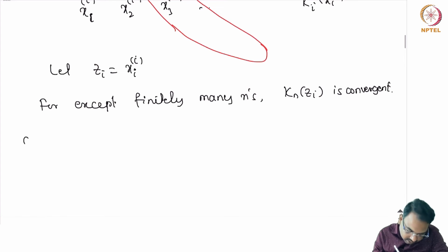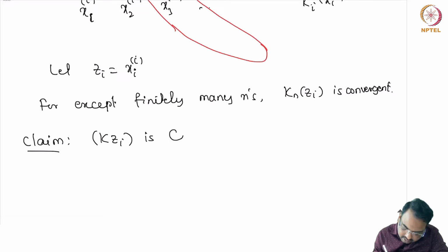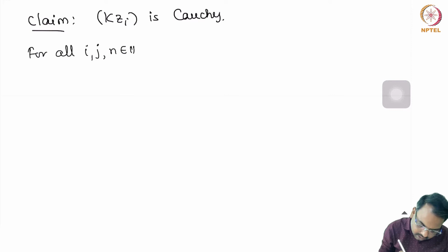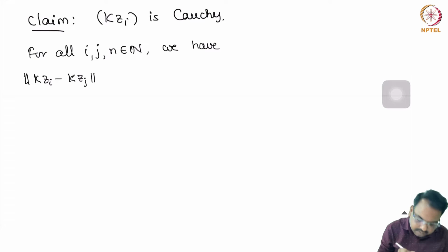So our claim is that K of zi is Cauchy. For all i, j, n in N, consider this: norm of K of zi minus K of zj.